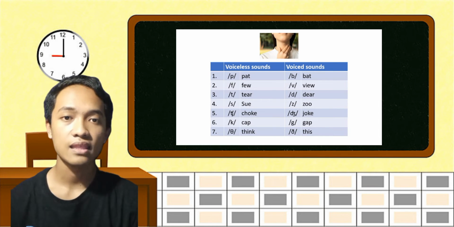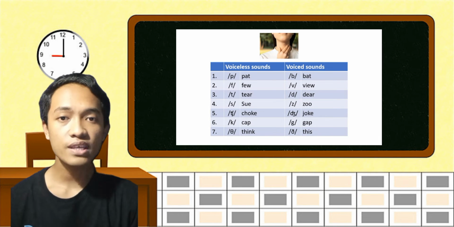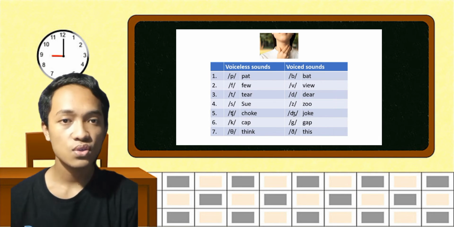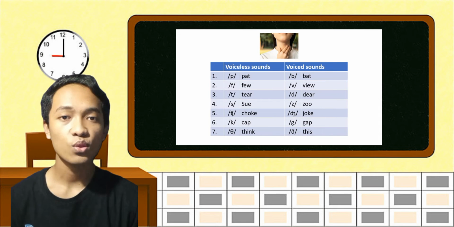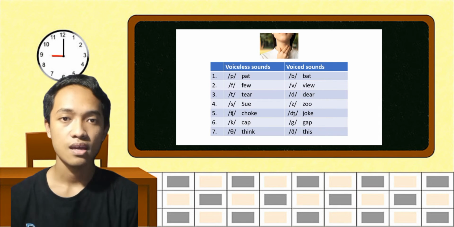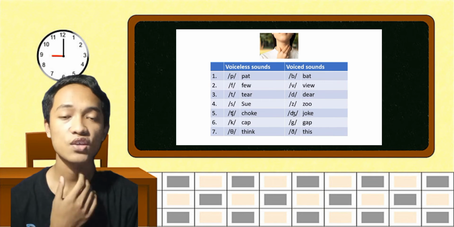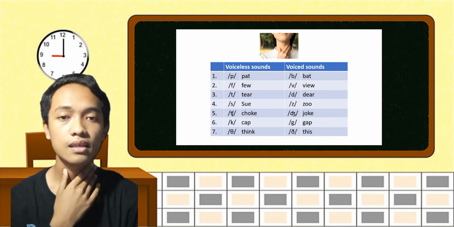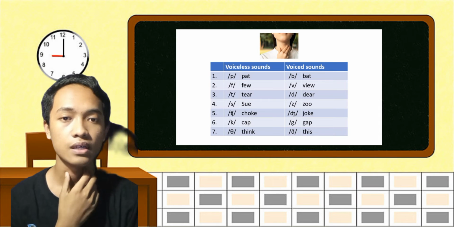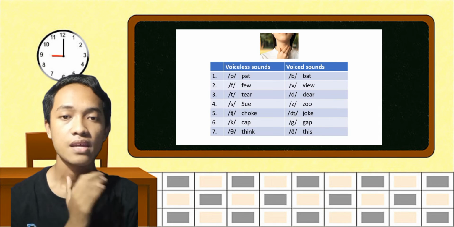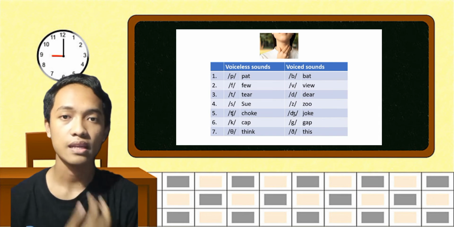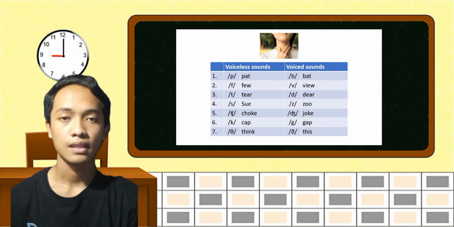This tells you that the sound is voiced. And voiceless sounds are sounds that are produced with no vocal fold vibrations. For example, sounds like s, there is no vibration, th, p, and f, like father. There is no vibration, and it is a voiceless sound.